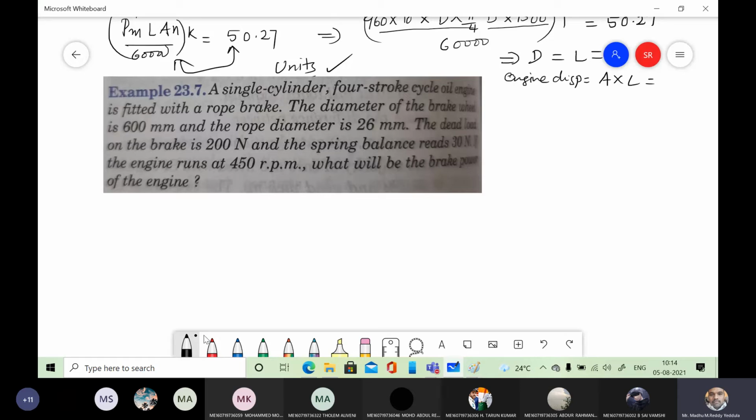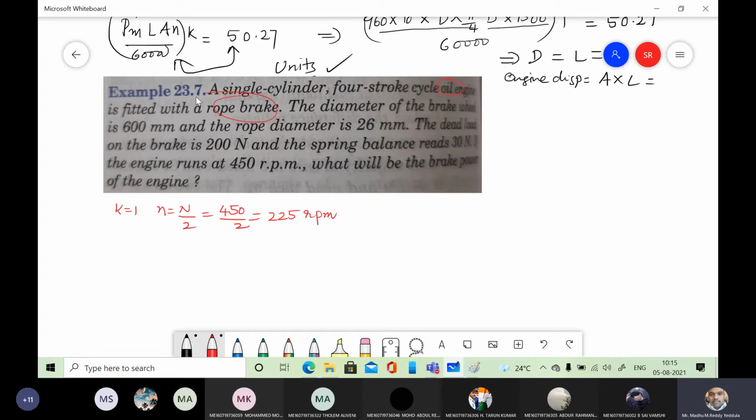So single cylinder is given, so K value is equal to 1, the number of cylinders. It is a 4-stroke engine, so small n is equal to capital N by 2. Capital N is 450, divided by 2, that is 225 RPM. Oil engine is nothing but the diesel engine only.